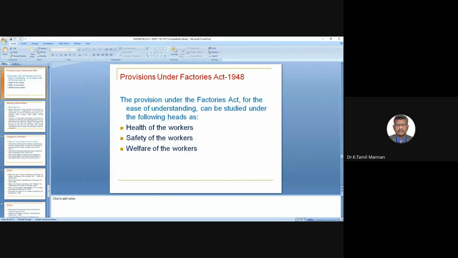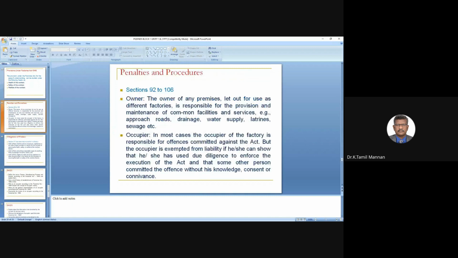It is also mainly focusing on the Factory Act 1948, concentrating on the health, safety, and welfare of workers. There are various penalties and procedures for those who are not providing the basic needs or basic facilities. As per the Factory Act 1948, the penalty has to be put on that industry.